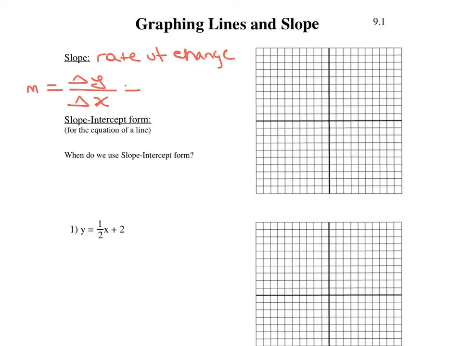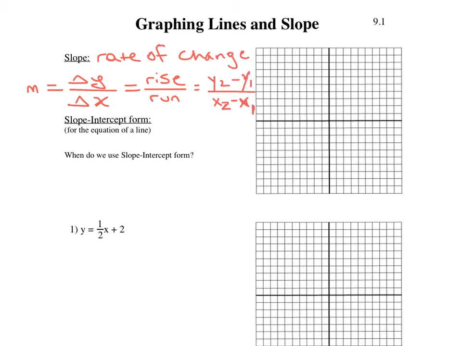We also associate slope as rise over run. And we also associate slope with the formula y2 minus y1 all over x2 minus x1.